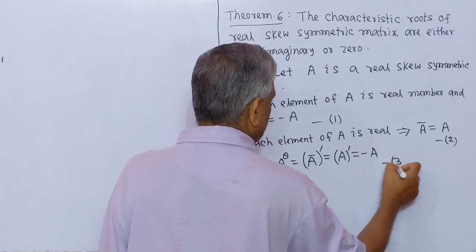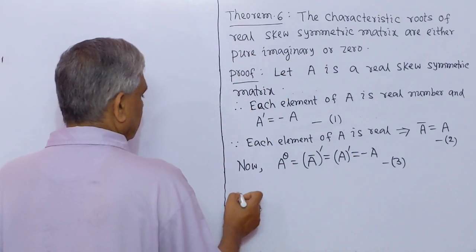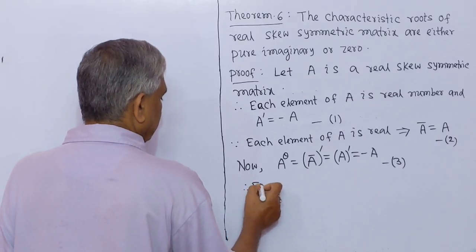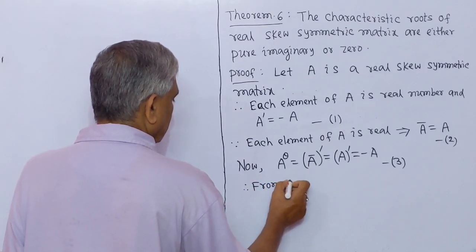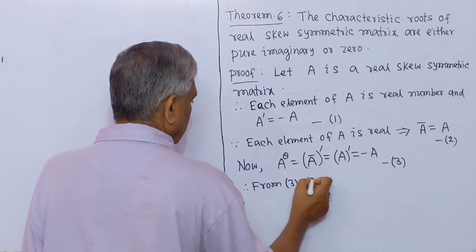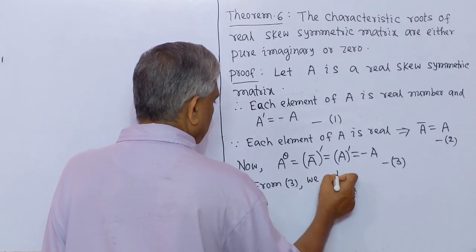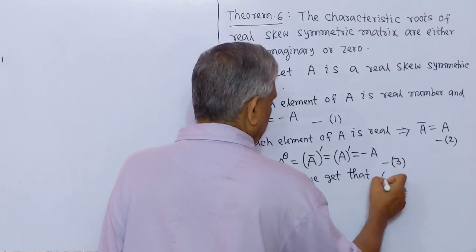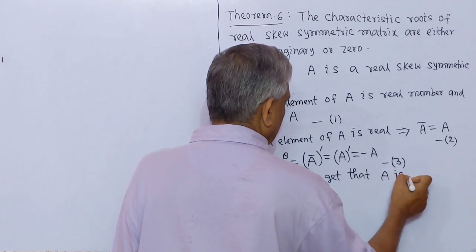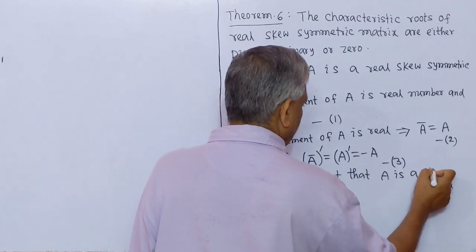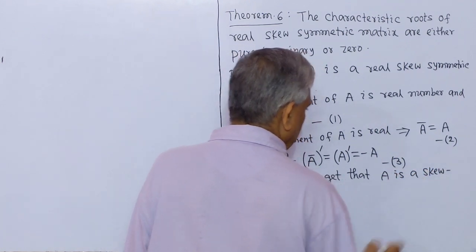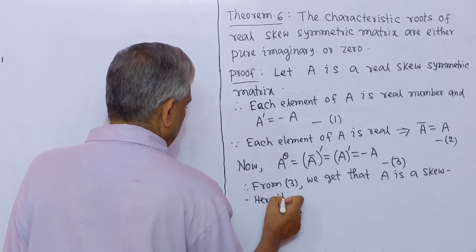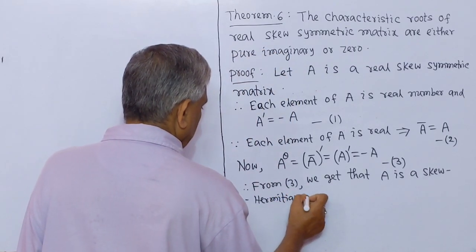This is number 3. Therefore, from 3 we get that A is a Skew-Hermitian matrix.